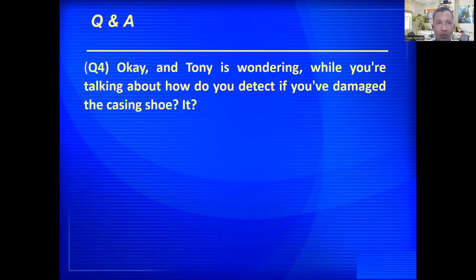Personally, I don't recommend that; leave the cement in the pipe. You are only talking about 40 feet, and that's nothing when it comes to the fracture height. If I understood that question correctly, it's very rare that you are going to damage the shoe.